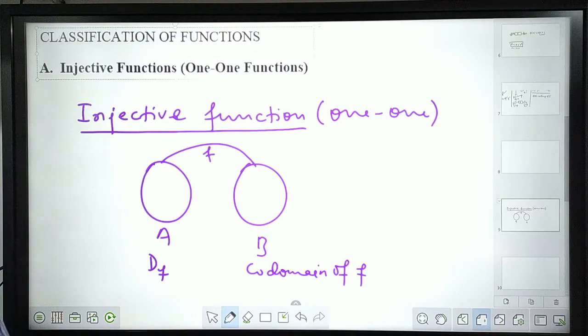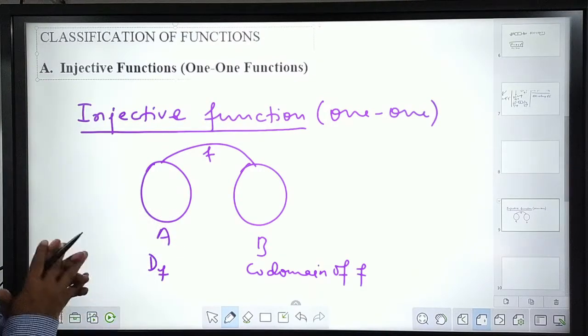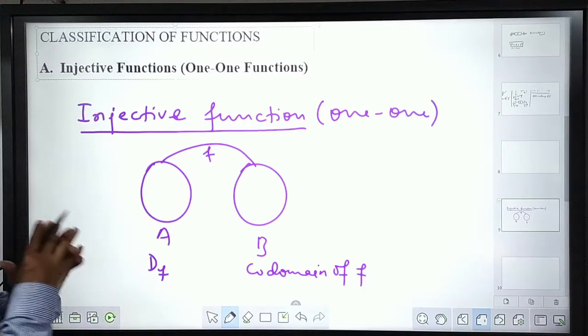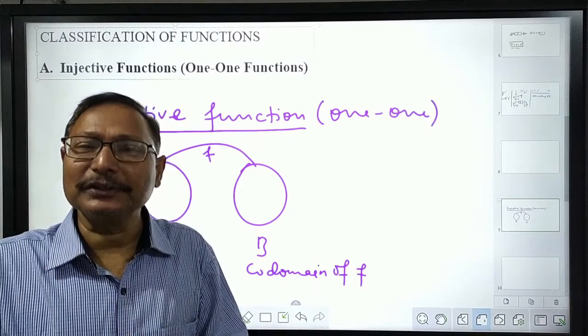And if all the elements are uniquely paired with the elements of B, then we say that this relation or this association is a function.